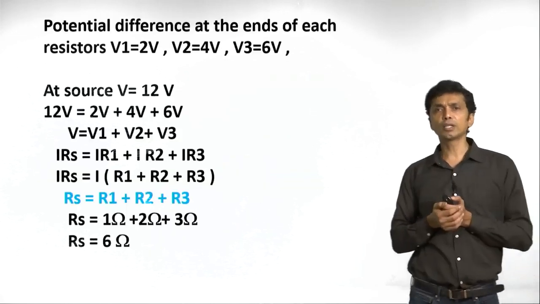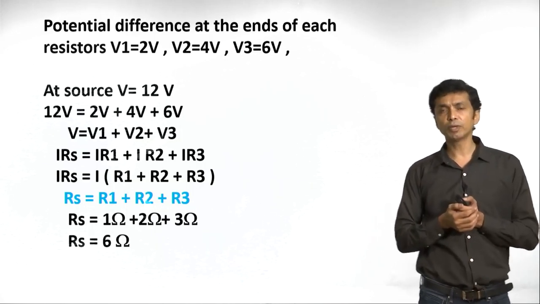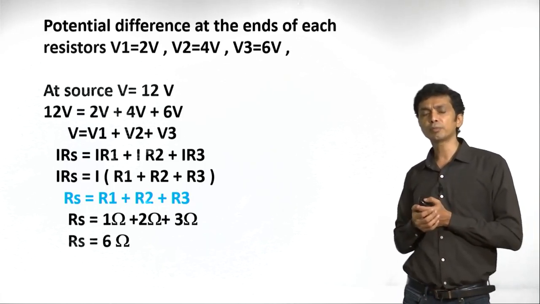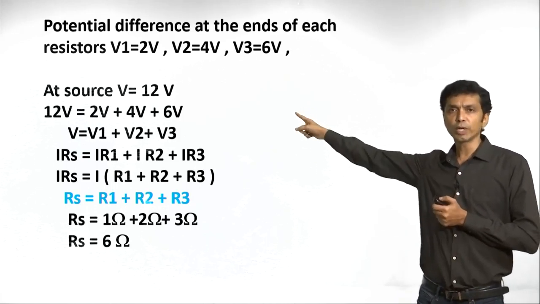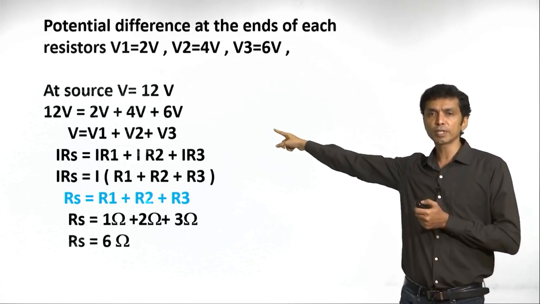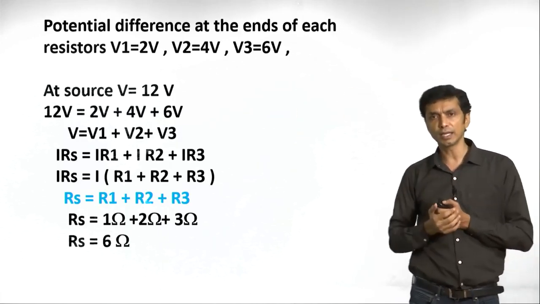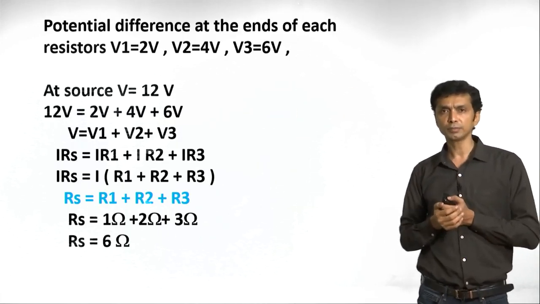Let us add all 3 potential differences, V1 plus V2 plus V3. One thing you need to observe: 2 plus 4 plus 6, the 3 potential differences at the 3 resistors, is equal to the source potential, 12 volt.